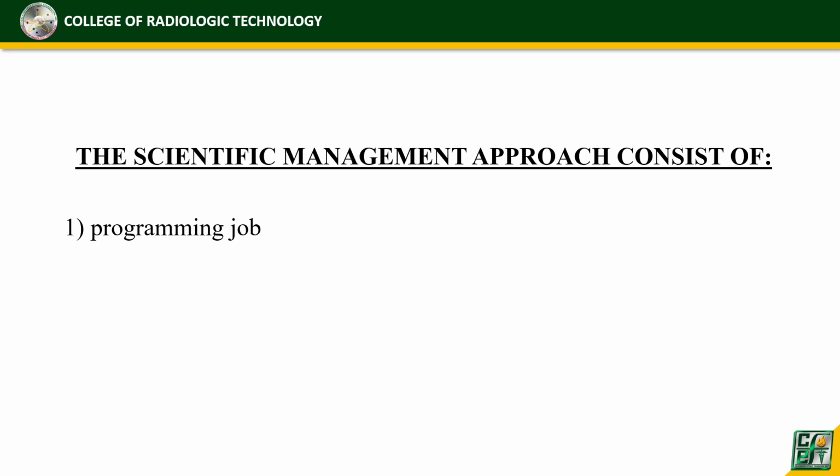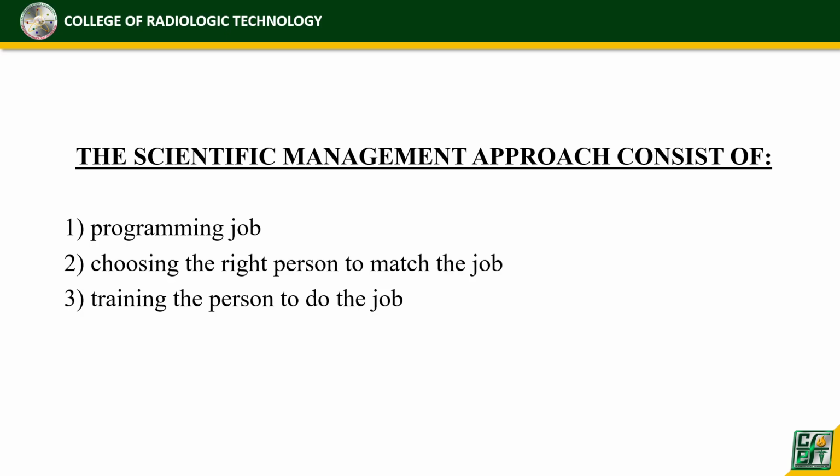So, ito yung usually, ito yung system. So, programming the job, number 1. Choosing the right person to match the job and training the person to do the job. Okay. Una, gagawa muna let's say, si employer, gagawa siya ng isang item o isang position sa trabaho.